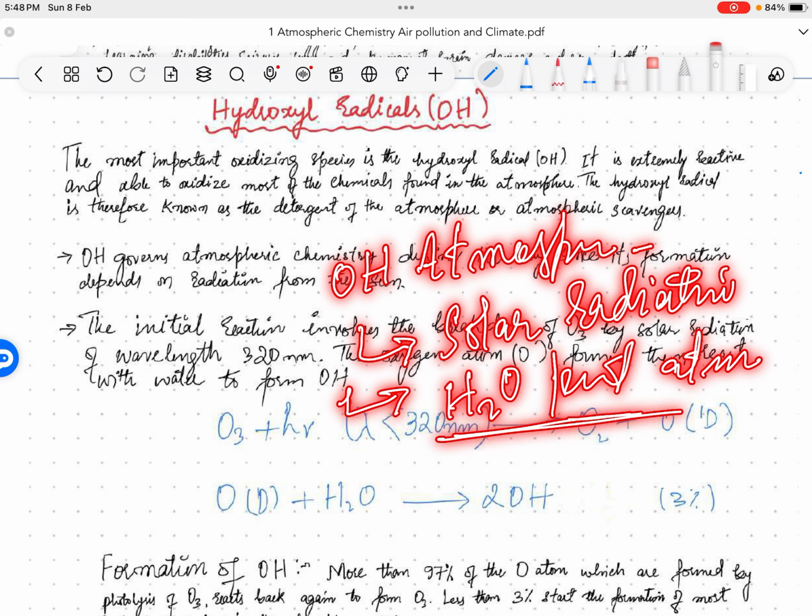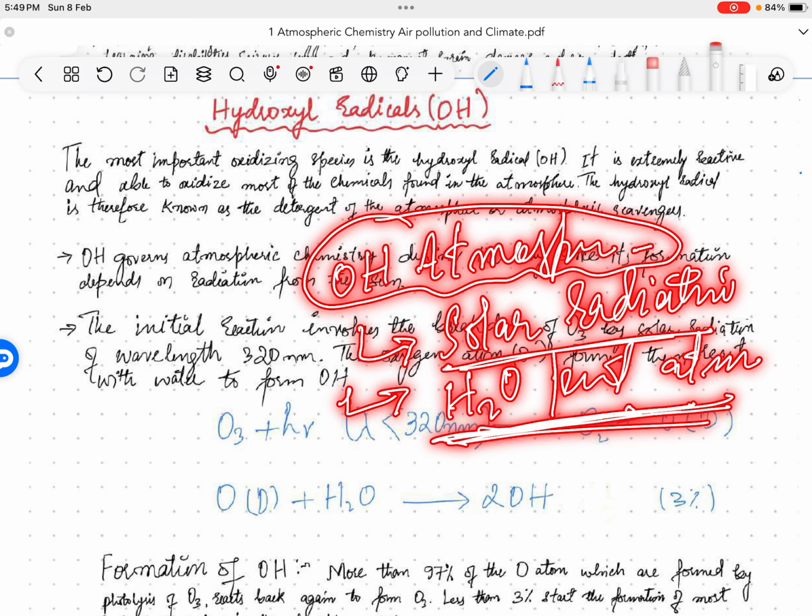So these two key factors, solar radiation and water vapor, are prerequisites for the formation of OH radicals in the atmosphere.